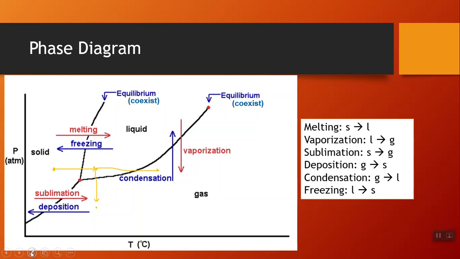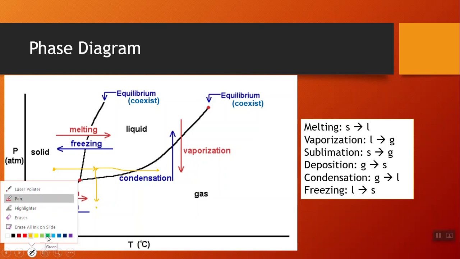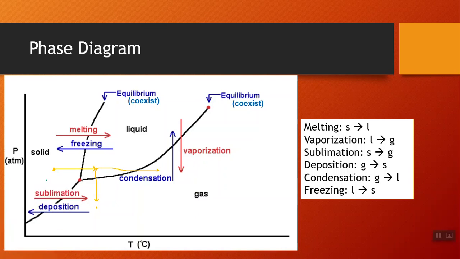Now, if I had a substance that was a solid, so right here, what variable would I change, and how would I change it so that my substance would go through sublimation? All I have to do is decrease the pressure, and then it'll go through sublimation, and now it'll be a gas substance.